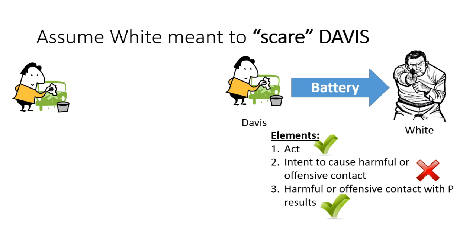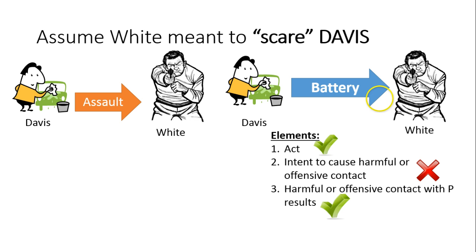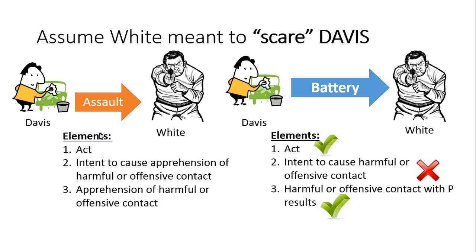Well, the first type of transferred intent allows Davis over here to take a different type of intent and transfer it to his tort. All right, so he's not actually suing for assault here because let's presume he didn't even actually apprehend the shooting. But all he needs to do is transfer the intent element of that other tort.